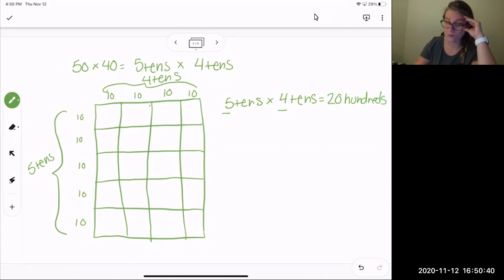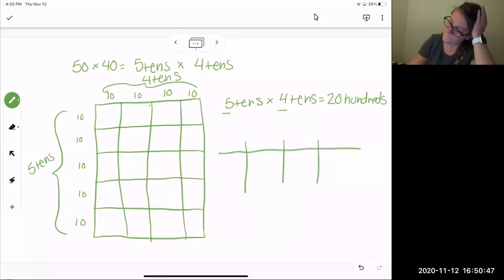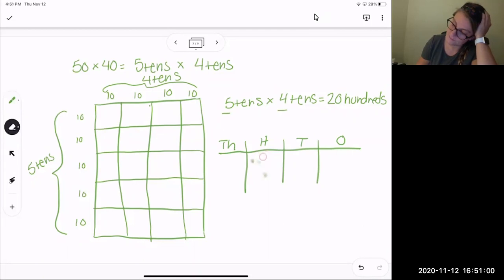And we know, using our place value chart, if we start with 20 hundreds, actually, I'm going to change this.